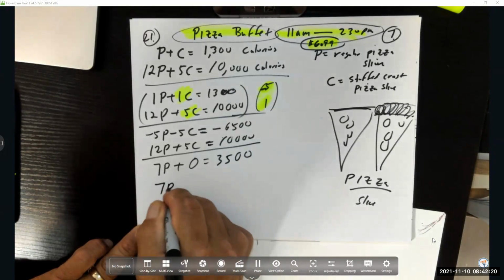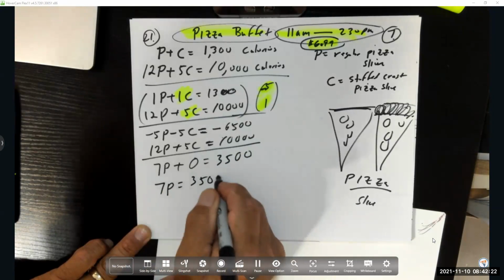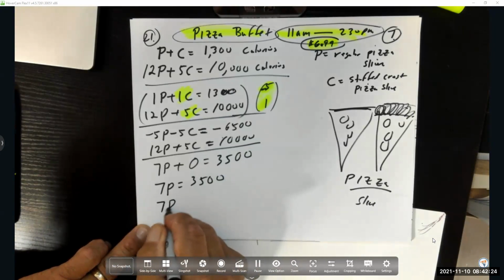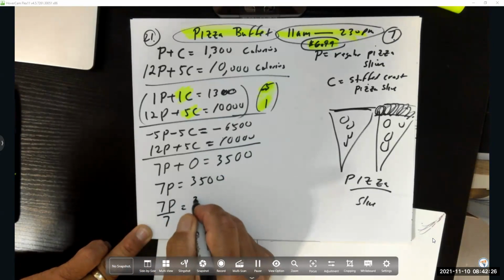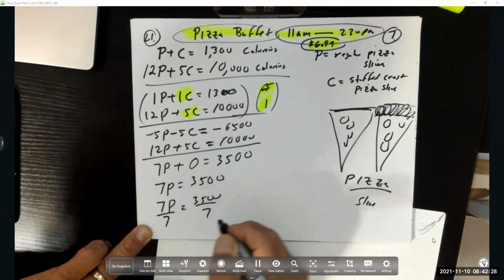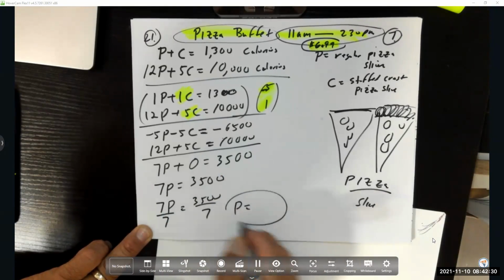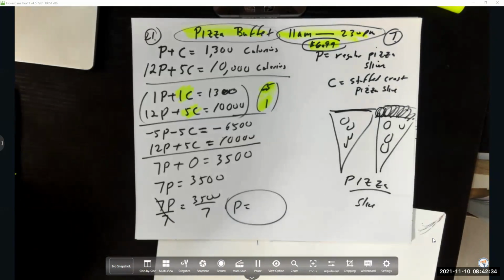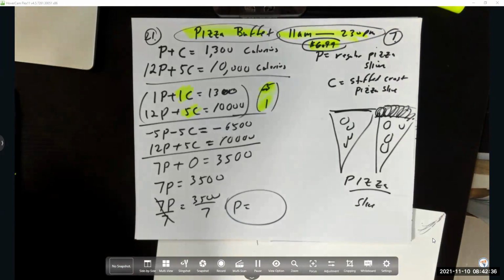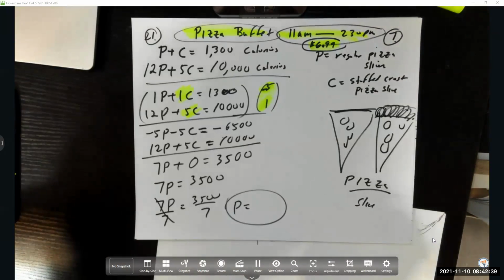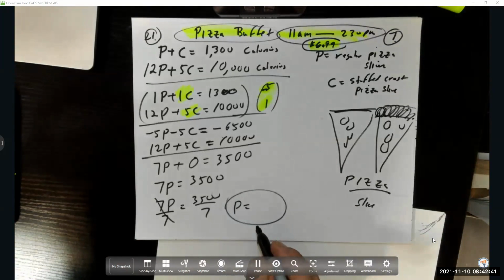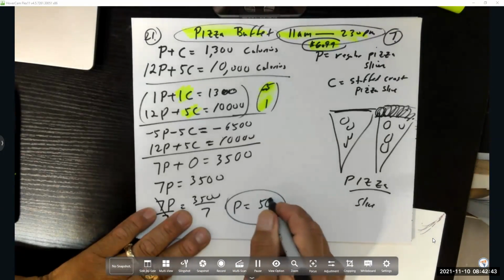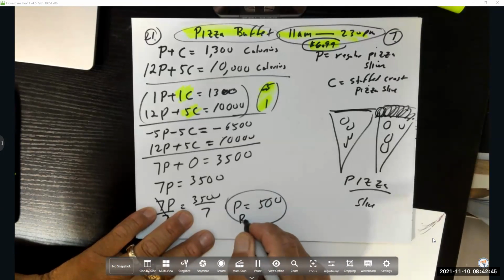All right, so now I'm gonna divide this side by 7, and I'm gonna divide this one by 7 also. So when I do that, what'd you get? What's 3,500 divided by 7? 500.